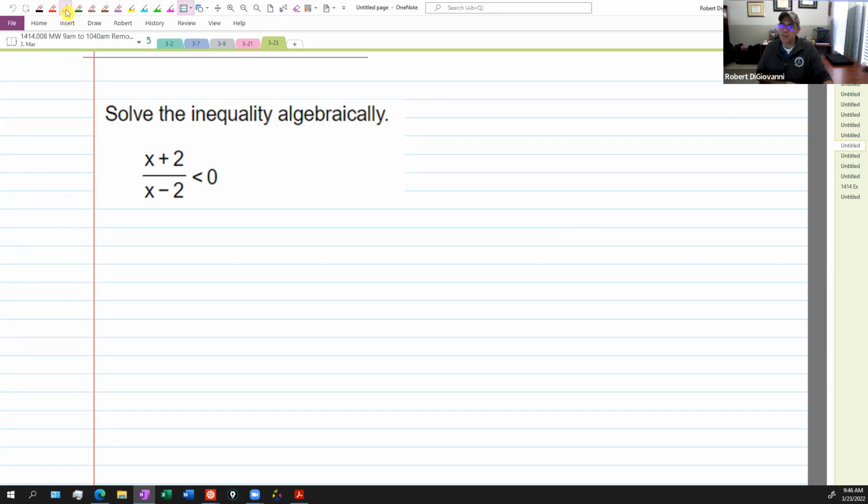Let's see if we can do this. Now that we've kind of got our head wrapped a little bit around what we were doing with polynomial inequalities, let's see if we can go right into this, treating this like a rational function. If I were to ask you to graph that for me real quick, how quickly could we graph this?